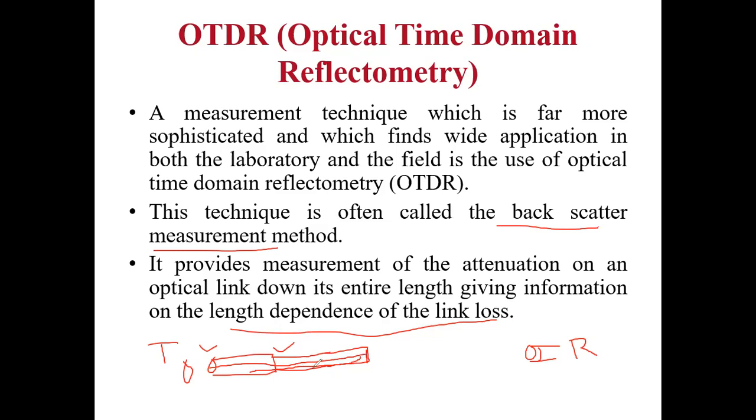I am measuring the light intensity. There will be a photodetector present. The backscattered light goes to the photodetector and the photodetector will give me some electrical output. Now what we will do is convert that electrical output, whatever, suppose you have measured some power or voltage, in terms of length.